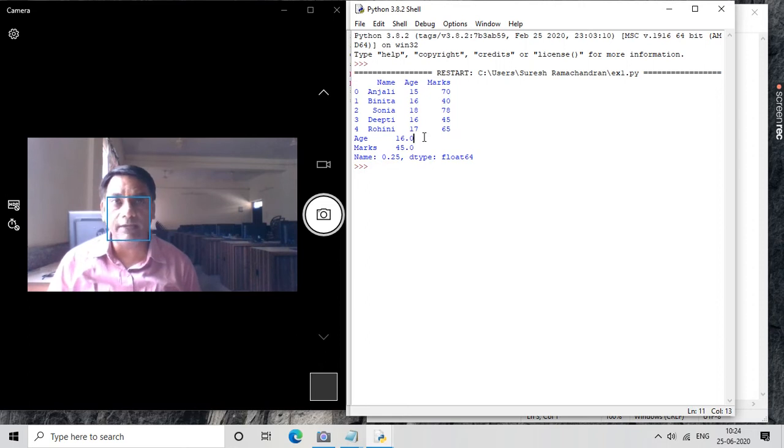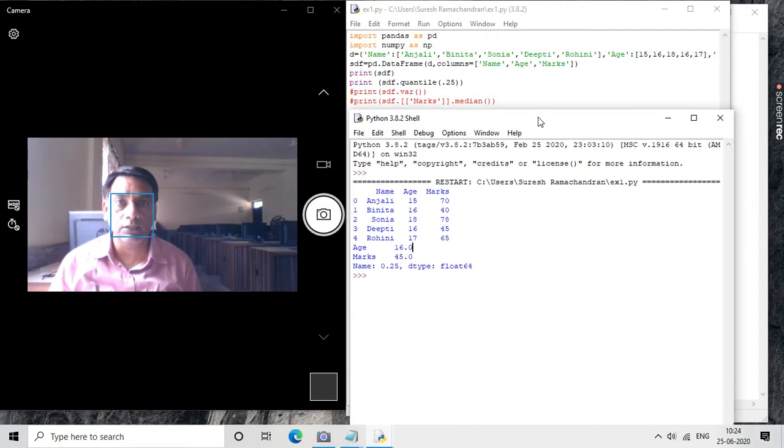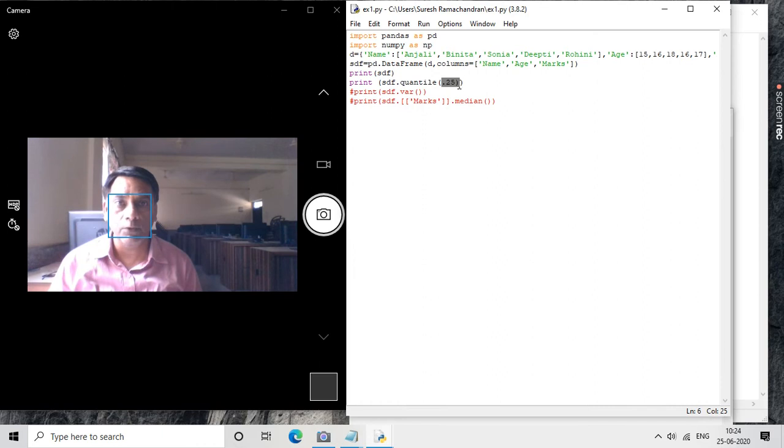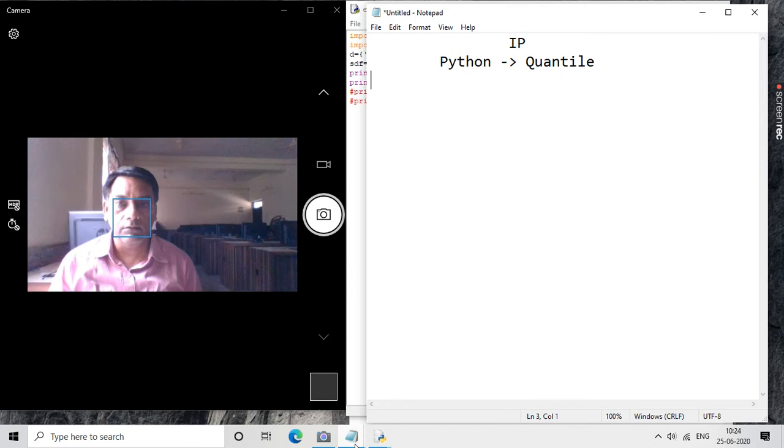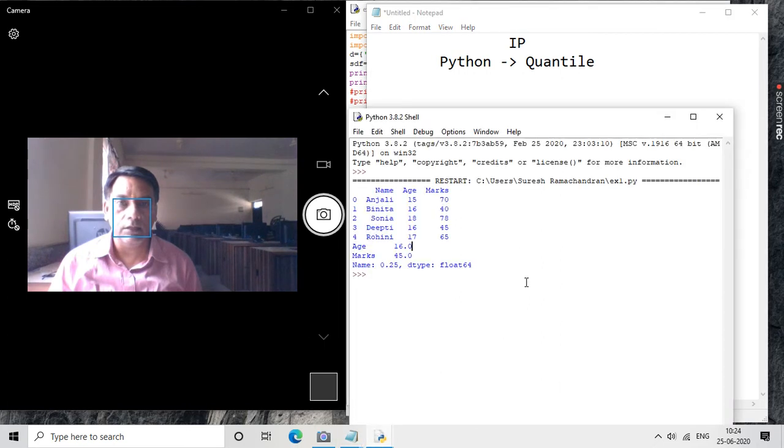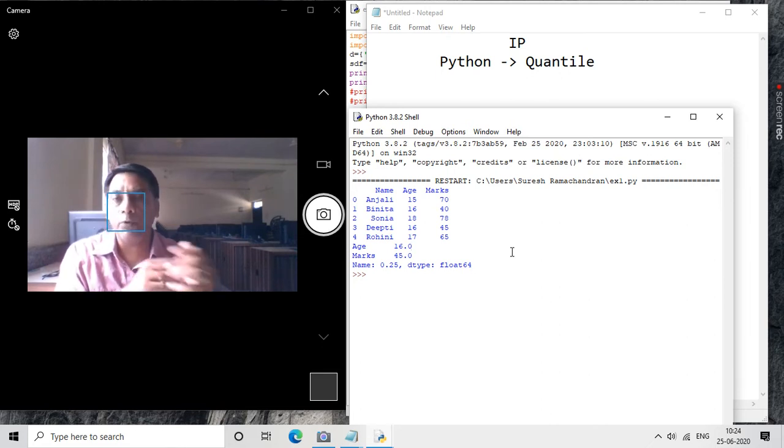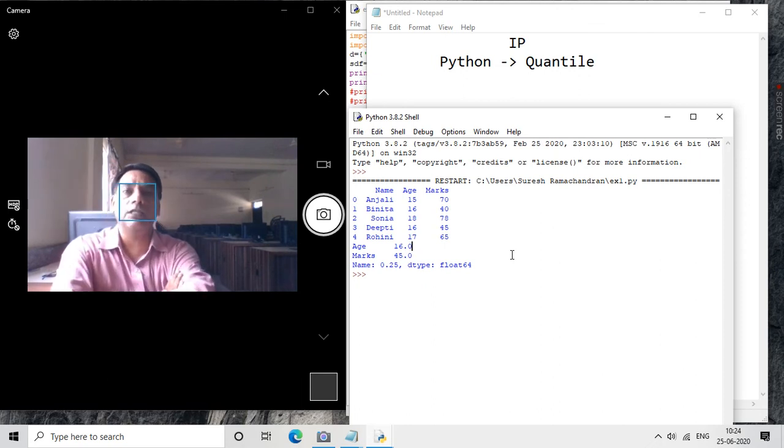So that 0.25 in the program actually shows the percentage, and the 16 is here the position of the data, which shows that this is the point where 25% of the data exists.